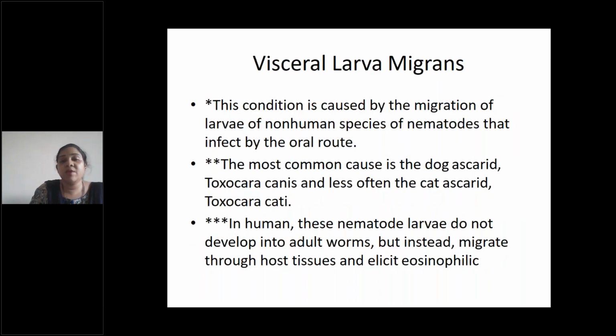Next, visceral larva migrans. It is a condition caused by the migration of larvae of non-human species of nematodes that infect the animals. See, non-human species of nematode.